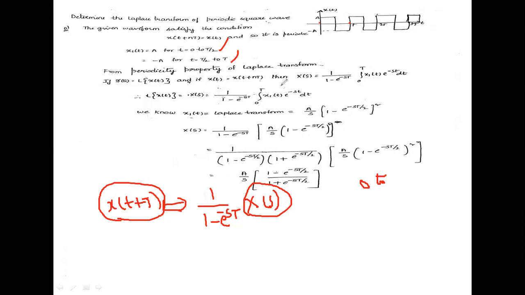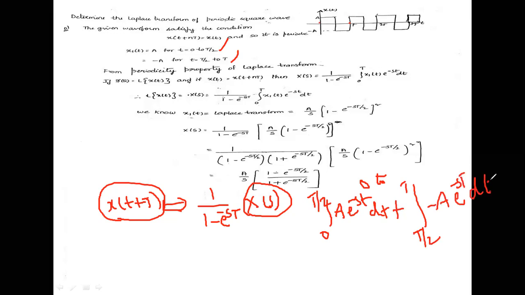Take the 0 to T, directly we can substitute in the definition of the Laplace transformation. That Laplace transformation says it is the integral from 0 to T by 2 of a into e power minus st dt, plus the integral from T by 2 to T of minus a into e power minus st dt. Got it, my students?